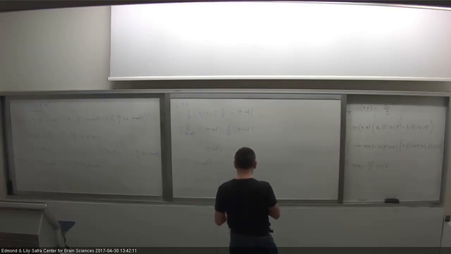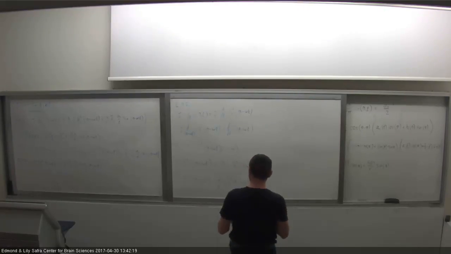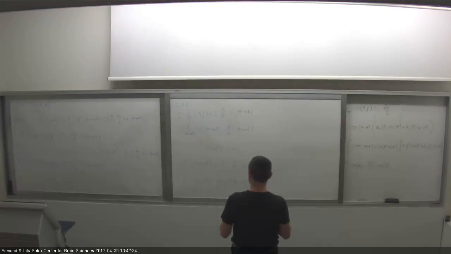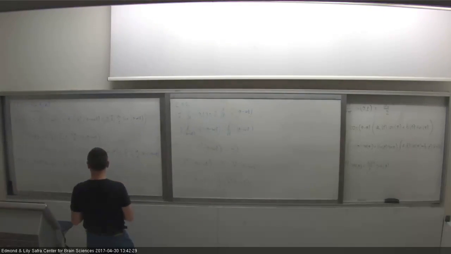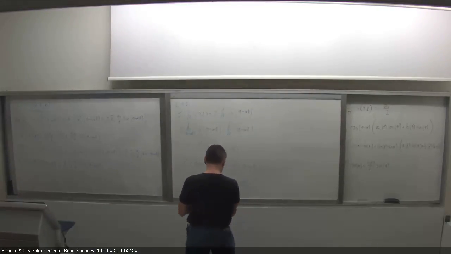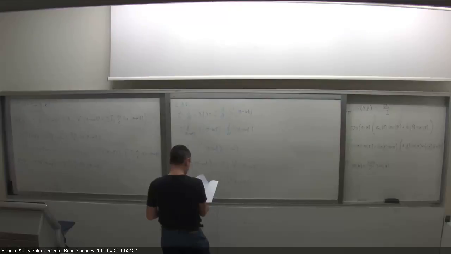You should keep the w in tau on the left-hand side. This term is also with respect to theta minus omega t. So it's okay.